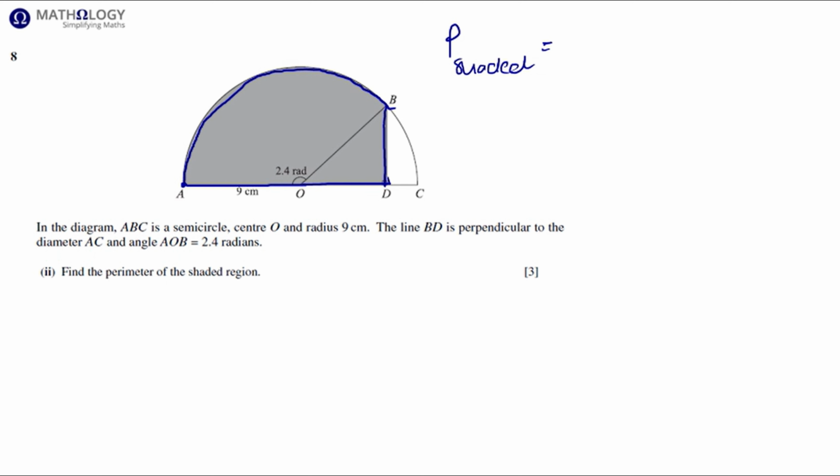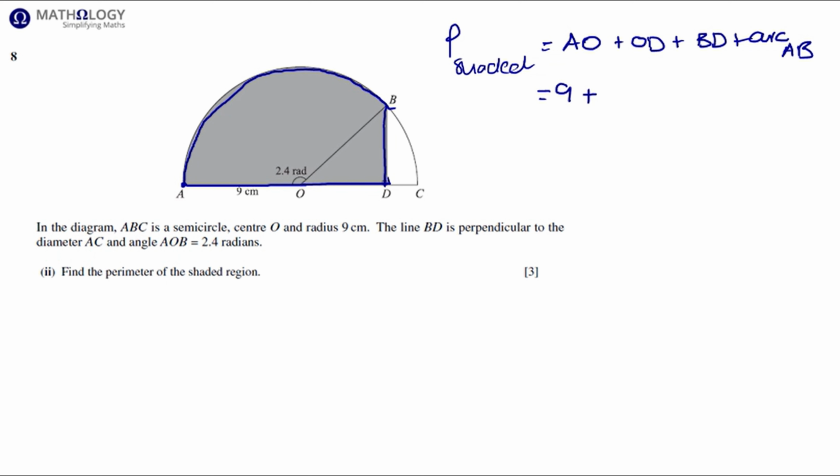Right, that's the perimeter of the shaded region. We know that AO equals 9, so the perimeter of the shaded region will be AO plus OD plus BD plus the arc length of AB, of the sector AOB rather. AO we know is 9.